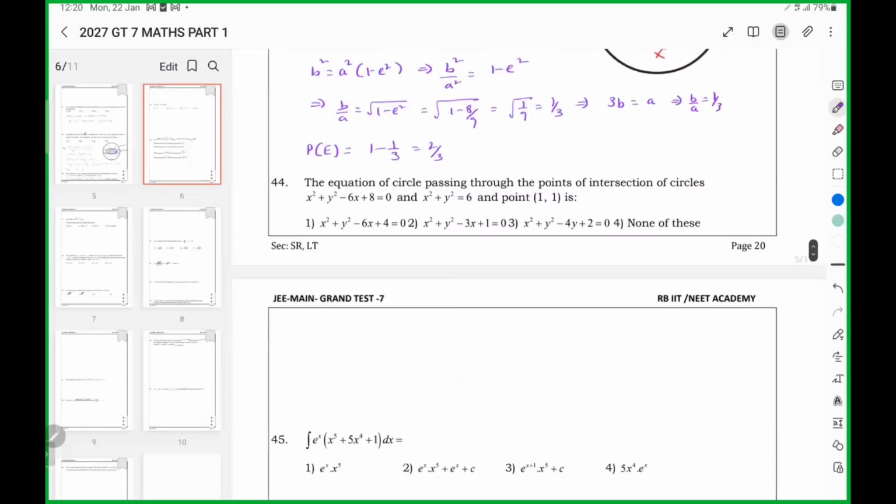The equation of a circle. Here, if there are two circles which are intersecting, and through that some other circle passes, say this is S and S dash.